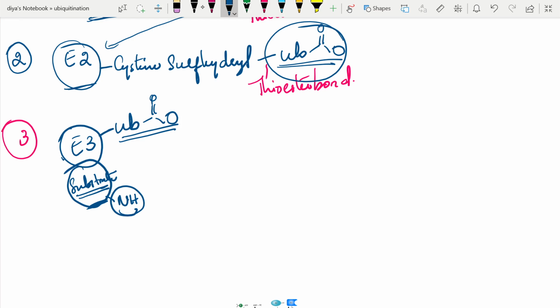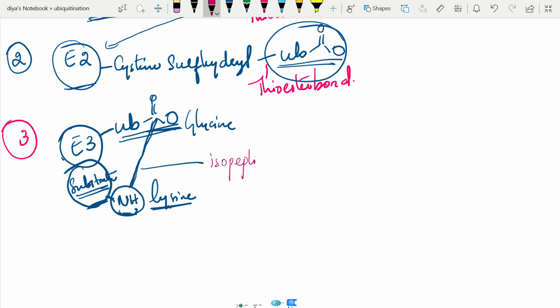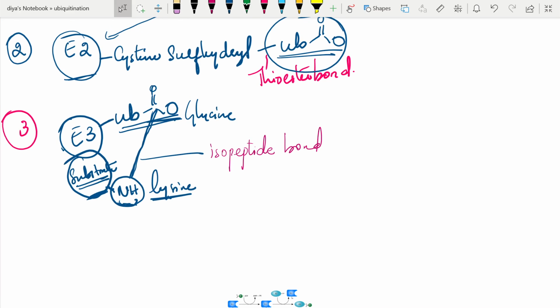In the last of the ubiquitin we have the glycine residue, and in the last of the protein we have the lysine residue. These now form the isopeptide bond. Now the E3 leaves.